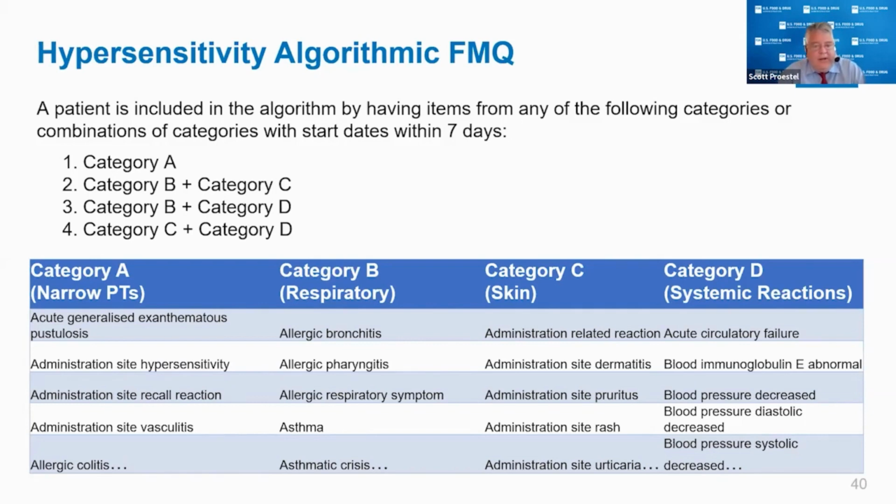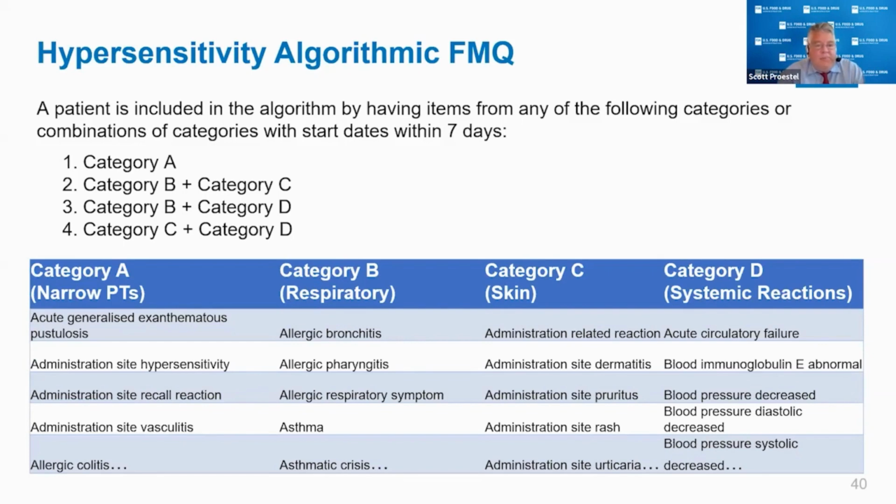I just truncated it so that I could put it on a slide. But category A are the narrow PTs. Those are the same preferred terms or types of preferred terms as for any other FMQ. And then categories B, C, and D represent adverse events consistent with hypersensitivity for different organ systems. So category B is respiratory, category C involves the skin, and category D are systemic reactions.